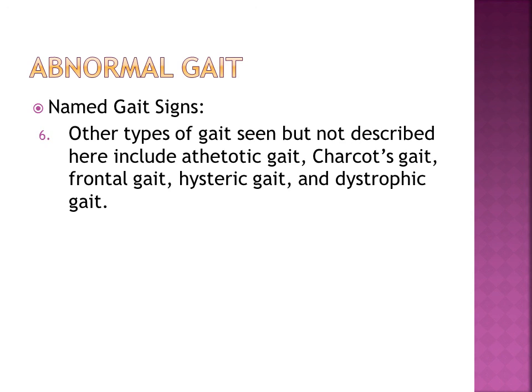And all of these gaits can be easily identified by careful observation because they fit Webster's definition of abnormal movements, of labored manner of moving forward on foot, of an unbalanced sequence of movements of the foot. And you'll pick these up.